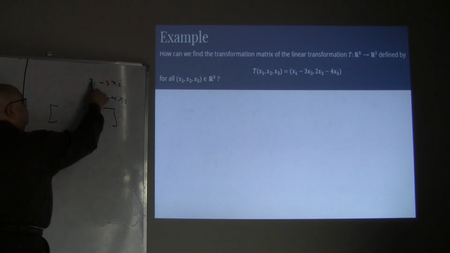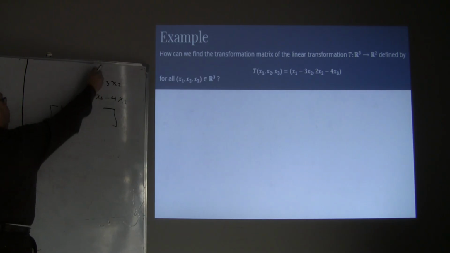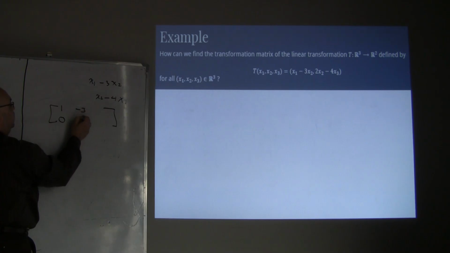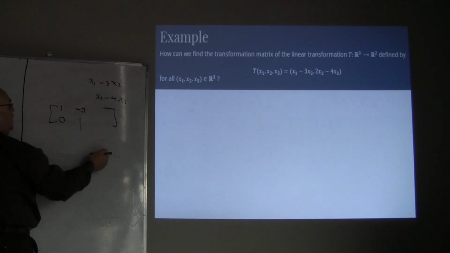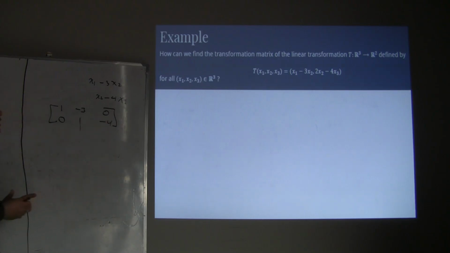The first column contains x1 with coefficient 1, but it doesn't appear in the second row, so it's going to be 0. The second column is going to be negative 3 and 1. And the last column is going to be 0 and negative 4. That's how to write it in columns. So I can write it by rows or by columns. And there is also a third way. What's the third way?